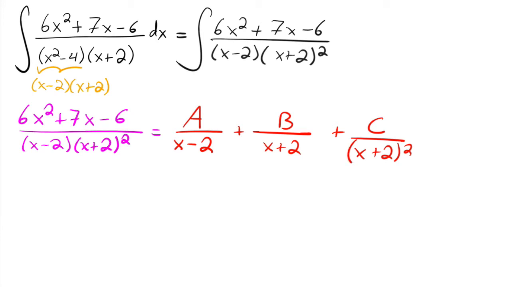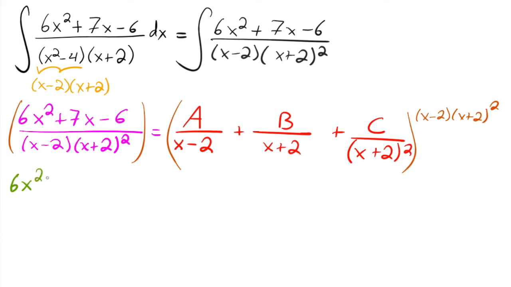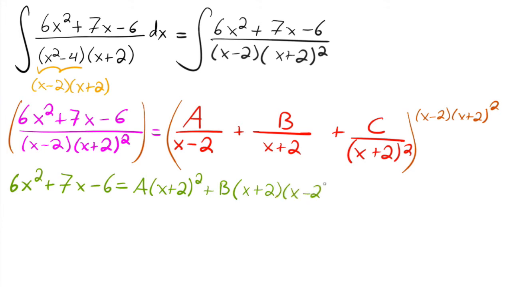Okay, and then as usual, multiply both sides by the denominator, (x minus 2)(x plus 2) squared, and that gets rid of all the denominators, so we would have 6x squared plus 7x minus 6 equals A times (x plus 2) squared plus B times (x plus 2)(x minus 2), and then plus C times (x minus 2).